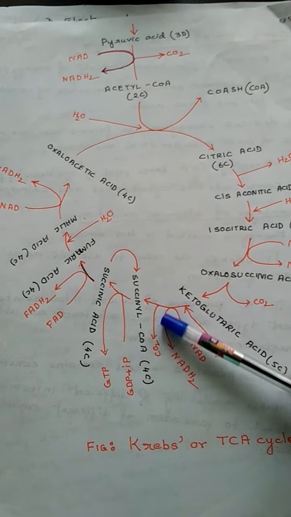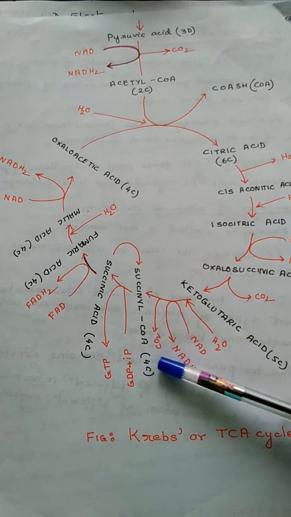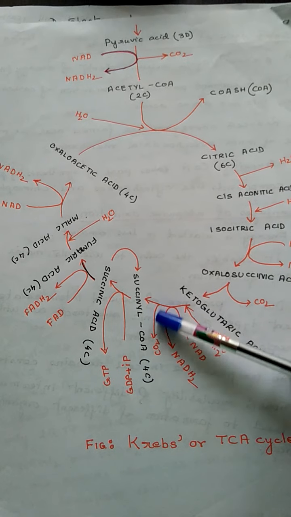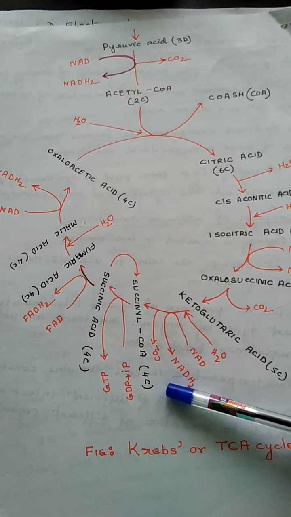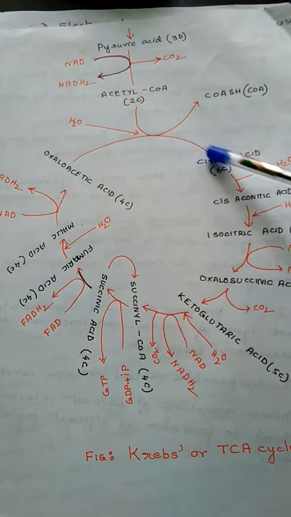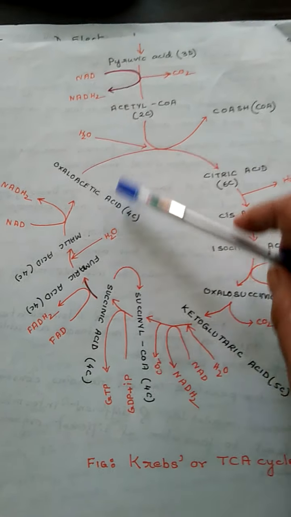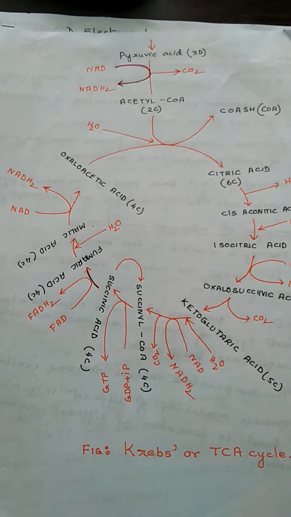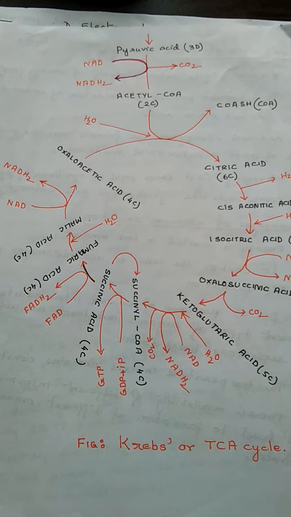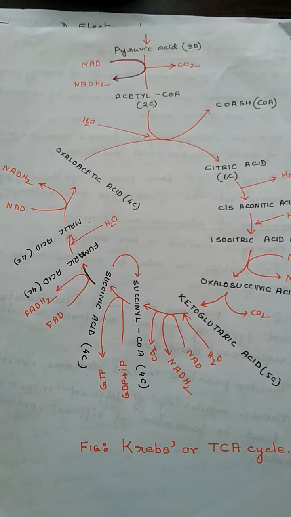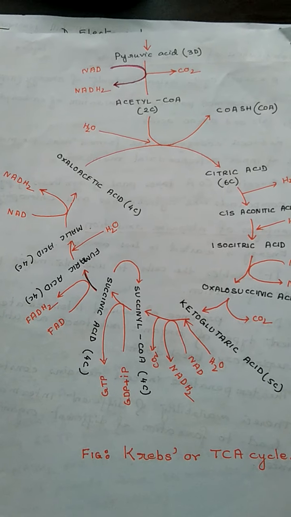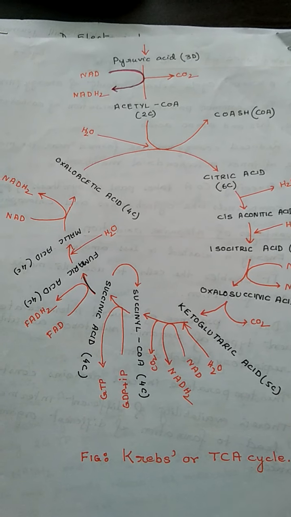Okay, and here formation of carbon dioxide takes place, which is released during respiration, and again enters into the Krebs cycle. So the Krebs cycle is a very important one, and it is the third phase of aerobic respiration. In my next class I will discuss the electron transport system.